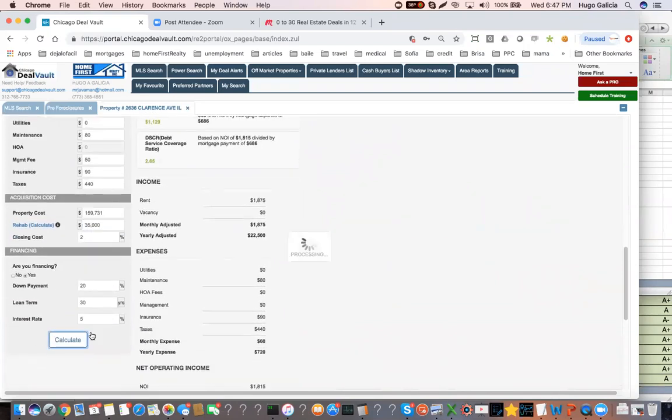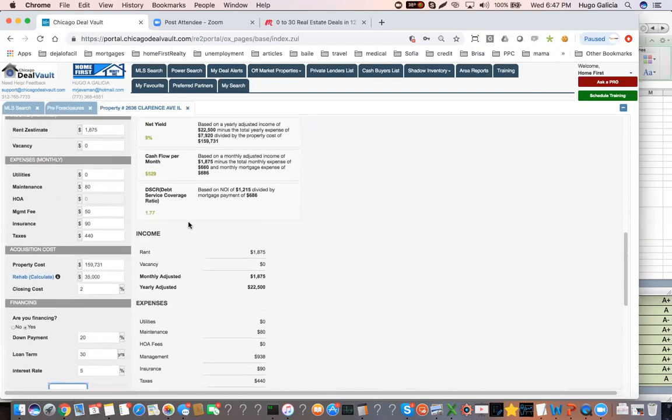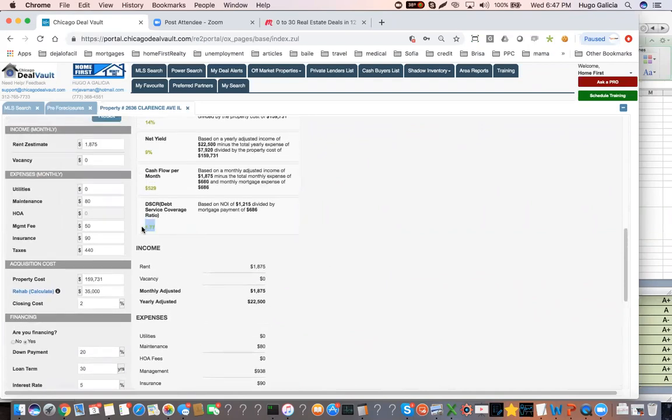Okay, so let's calculate. And in here, look at the debt coverage ratio. So the debt coverage ratio is 1.77, and you're going to be cash flowing 529. So as you can see, lenders are going to be looking at a debt coverage ratio of 1.25 and above.